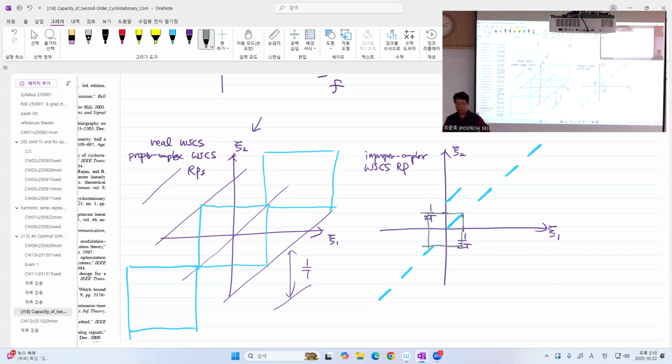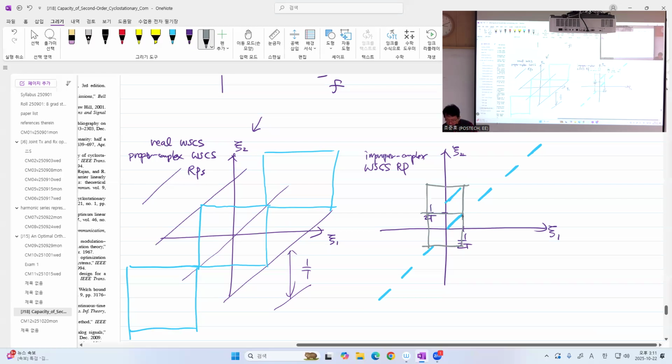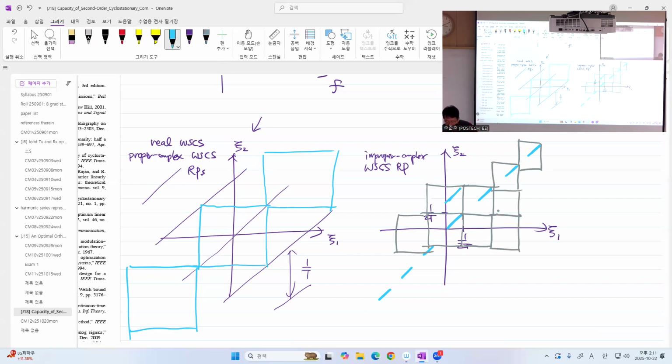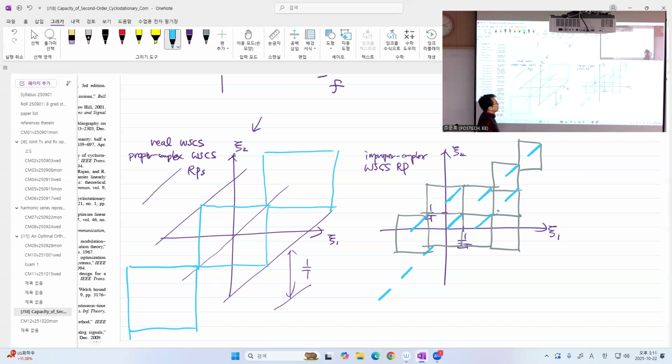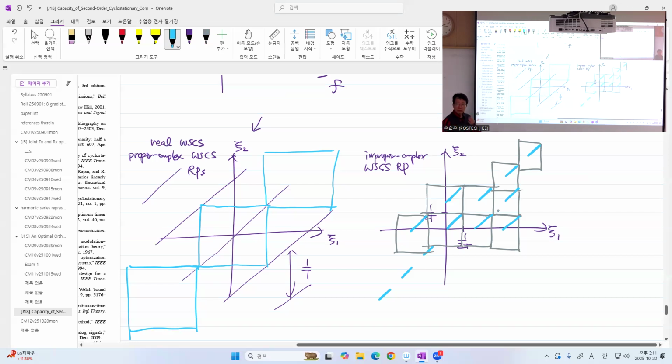Am I right? Yeah, I believe so. So the upper branch will give you all this northeast part of the impulse fences. Got it?